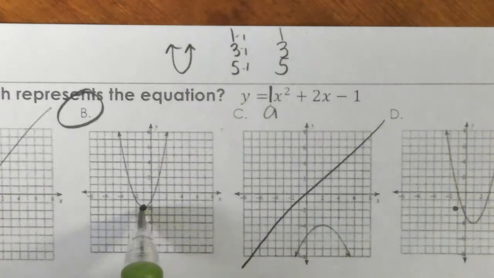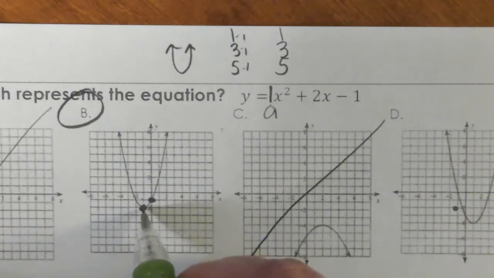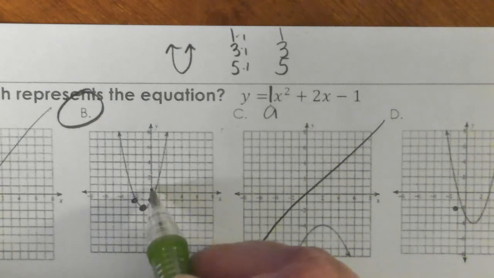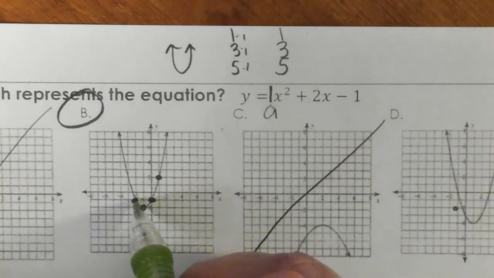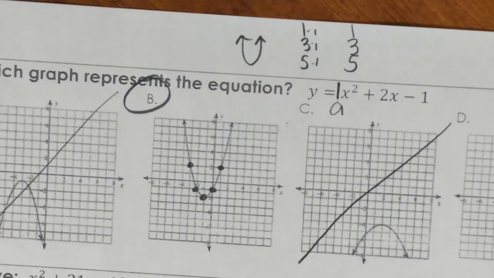So from that vertex, if I go up 1 over 1, do I land on the parabola? Yes. If I go up 3 over 1, I still land on the parabola. So I know it's definitely B.